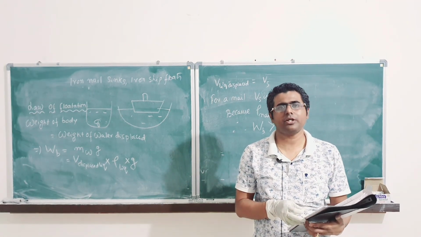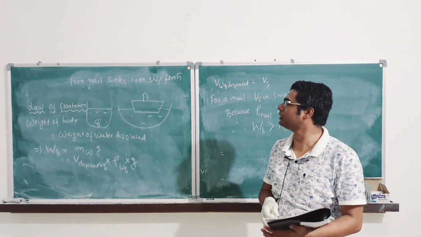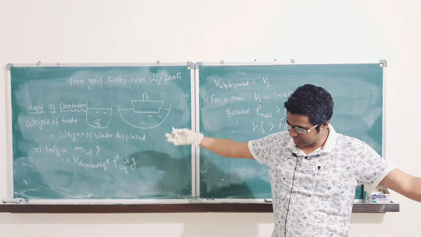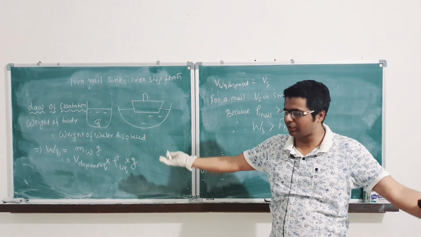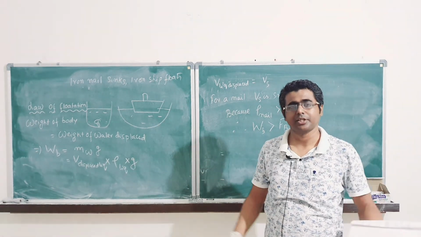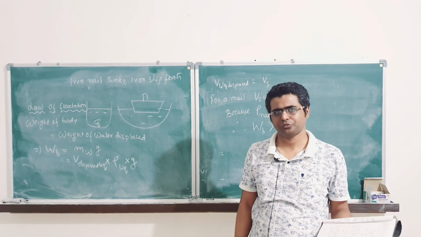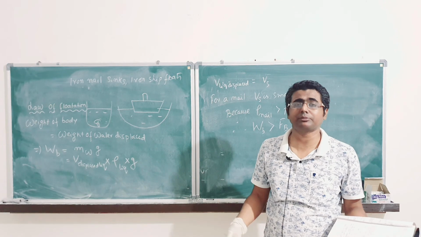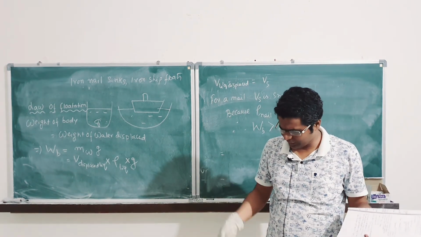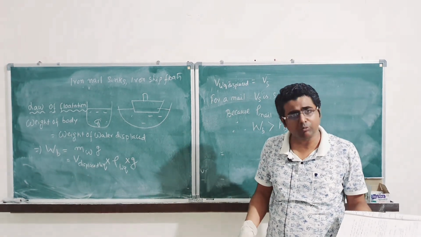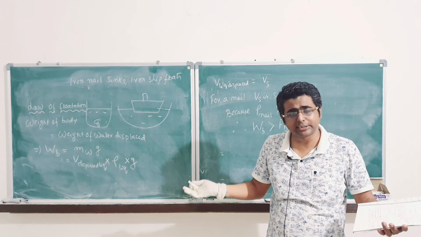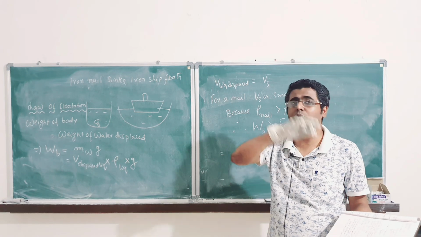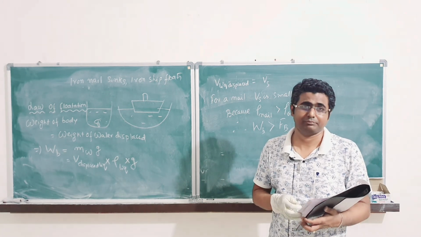Because in the case of a ship there is a hollow space, and it's big, so when it just falls into water, a lot of water displaces, so the mass of water displaced is huge. That mass of water becomes equal to the total mass of the ship even when only a small part is immersed.